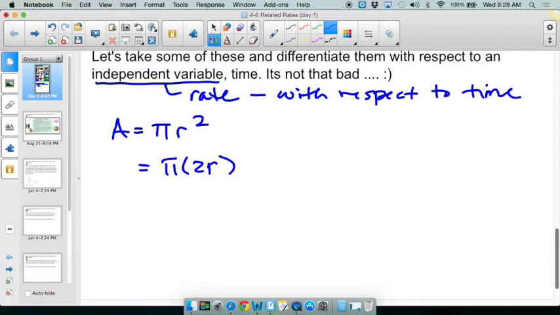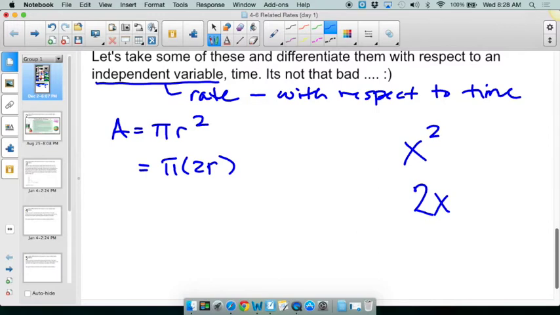But we have to take that 2r is the derivative of r squared with respect to what variable? In other words, if I have x squared and I say the derivative is 2x, I've taken the derivative of x squared with respect to x, right? I've just done the power rule.